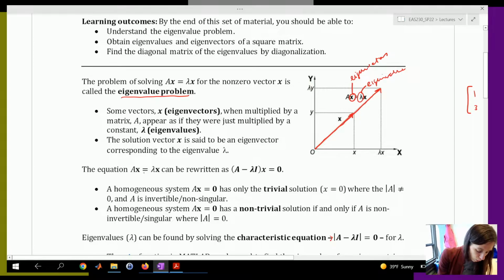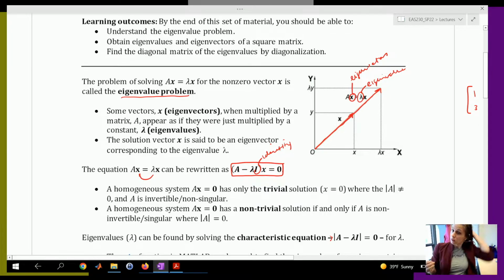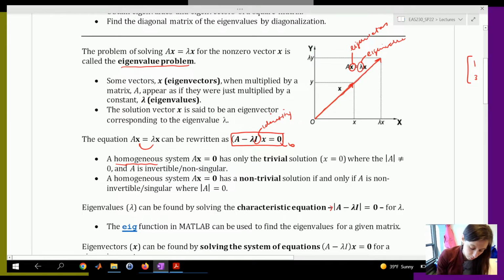If I rearrange this equation and move this to this side, and factor out x, I end up with A minus lambda times the identity, times x, equals 0. This type of system is called a homogeneous system, which means my b vector is 0. For this system, my solution is only the trivial solution, where x equals 0, when the determinant of A is non-zero and A is invertible.